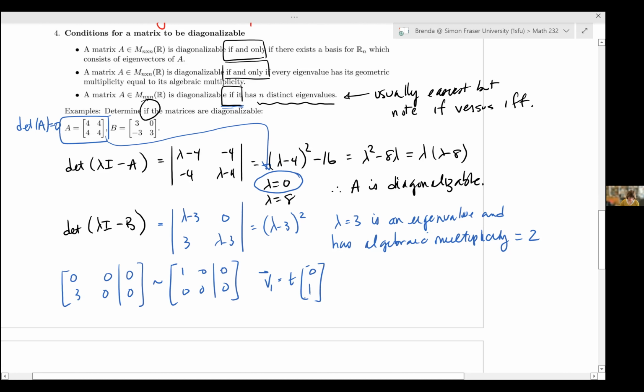So it's T. This is a one-dimensional basis. And so I have that the geometric multiplicity is equal to 1. And I see that the algebraic multiplicity is not equal to the geometric multiplicity, so I will not be able to diagonalize matrix B.